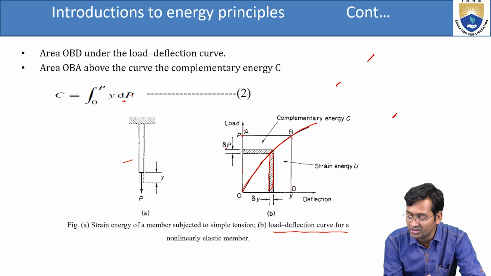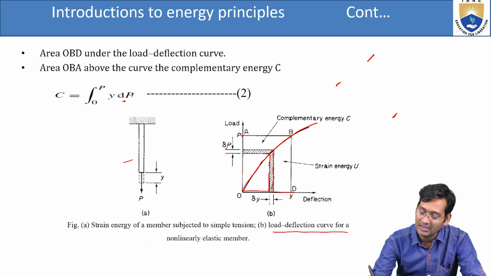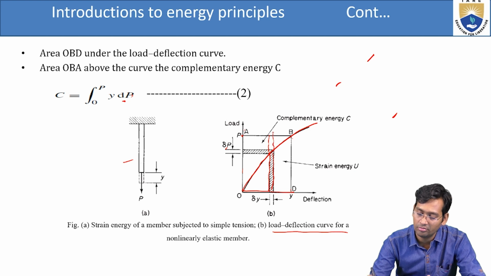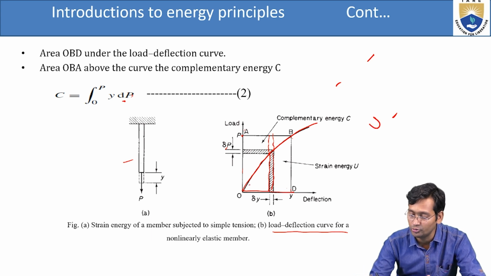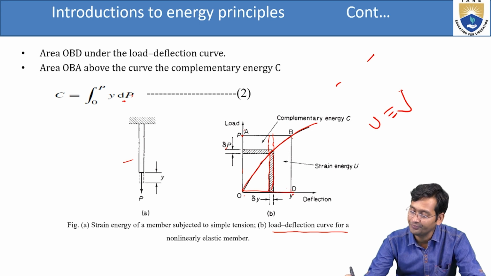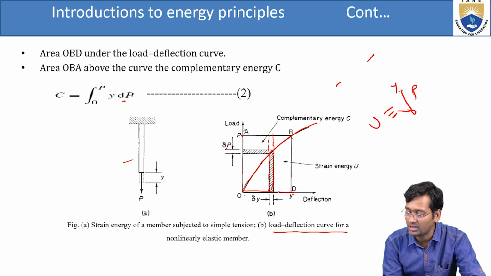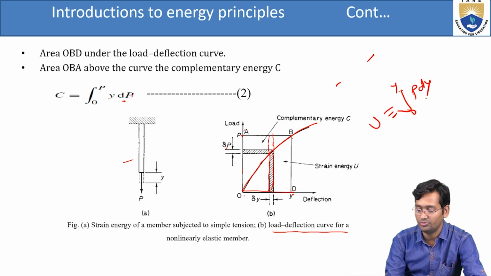This strip will move from 0 to y. And here in this case P remains constant. So strain energy, what you will get? U equals the integral from 0 to y, and this y is varying, so P dy. So this will be the strain energy. Now come to this side, that upper part.